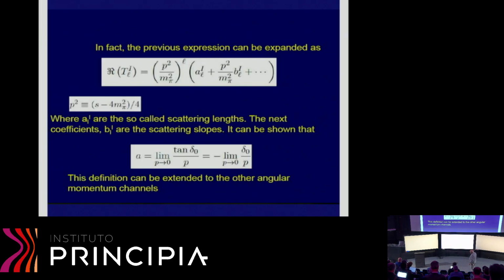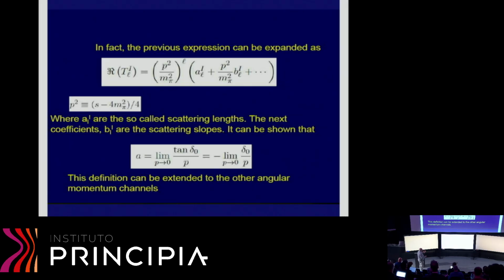In fact, you can expand this around 4m_pi², and you get this expression for the real part of this partial wave amplitude. The scattering lengths are defined as this limit. Scattering lengths refer to the highly non-perturbative regime, very low energy.